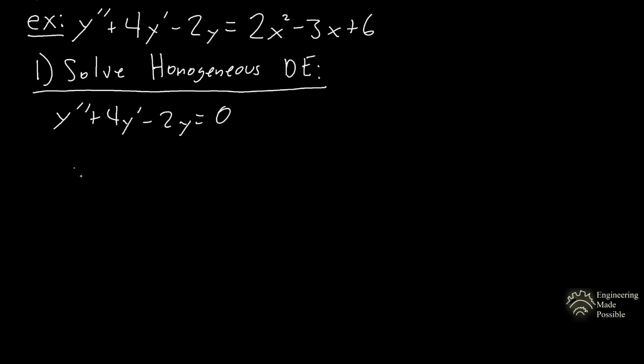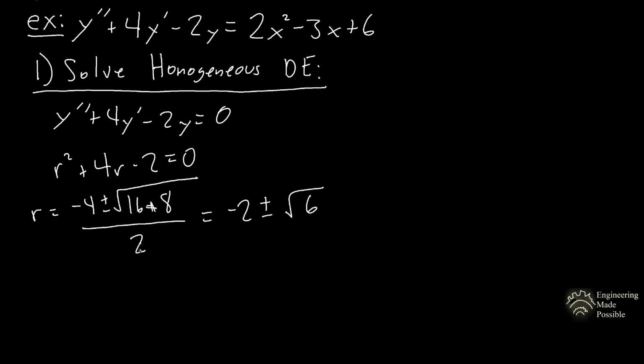So we're able to get the characteristic or the auxiliary equation for this differential equation. So we have r squared plus 4r take away 2 is equal to 0. Now solving for the roots, using the quadratic formula, the roots would be -2 plus or minus the square root of 6.